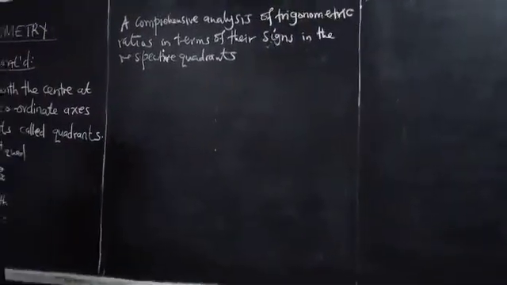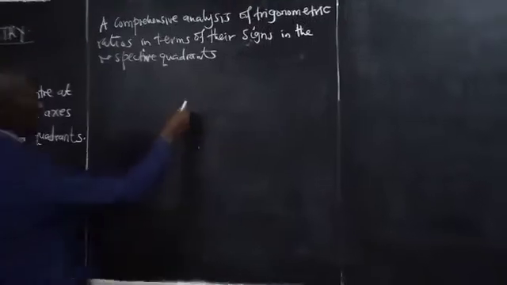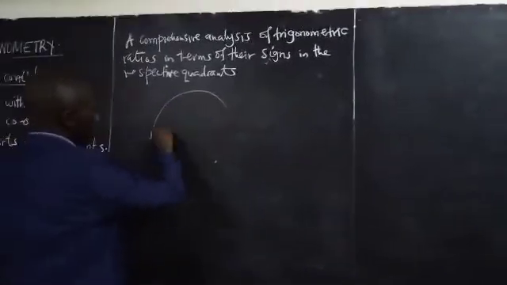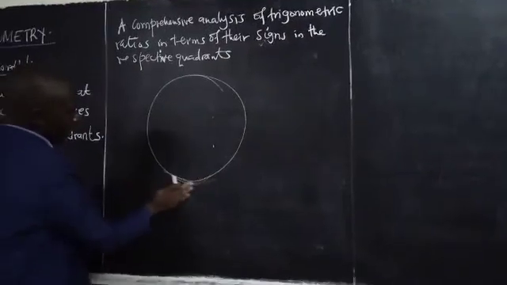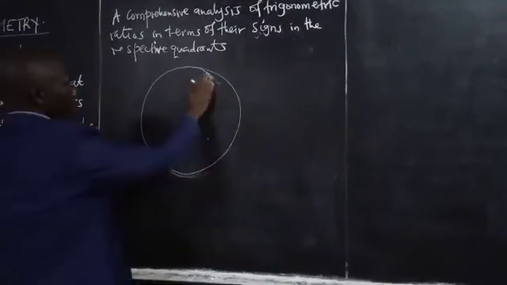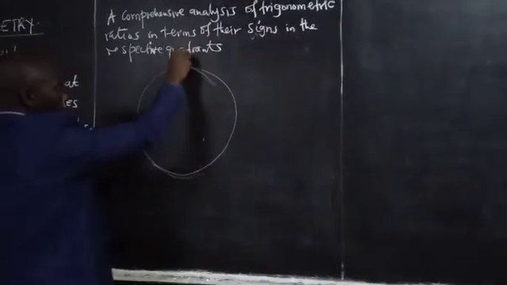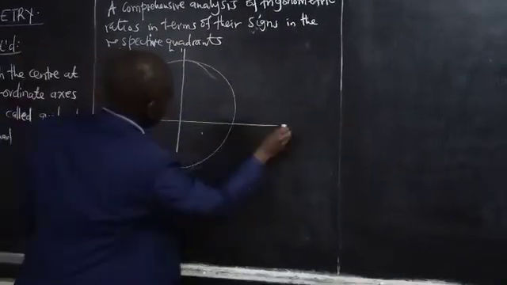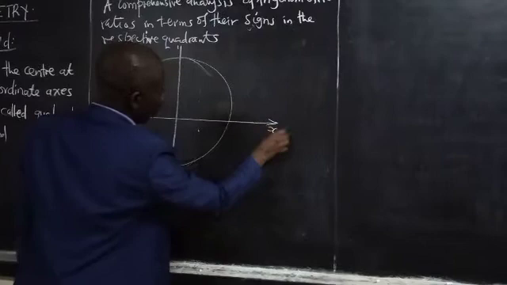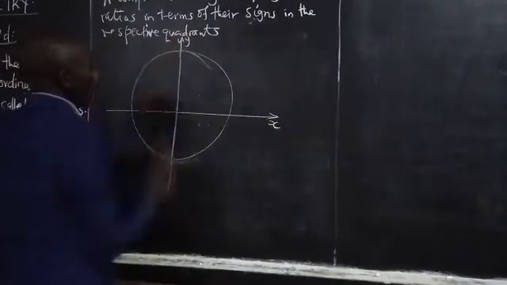And this is how we do it. We are going to draw a circle. Then when we divide it, this is x, that's y.